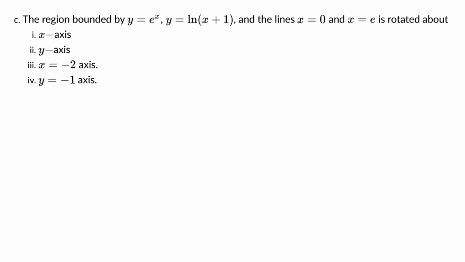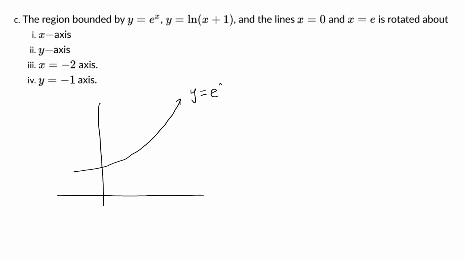So the graphs are, we have y = e^x, we know the graph of that. That's the y = e^x graph. And then we also have y = ln(x) + 1. We know the graph of y = ln x, which passes through 1. But what we have here is y = ln(x) + 1.